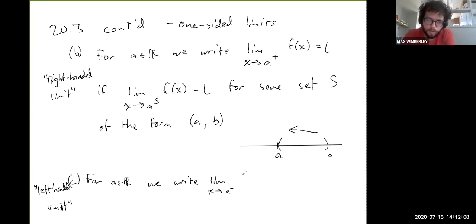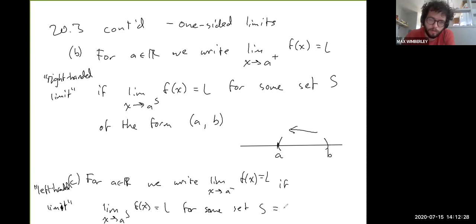So this is, if the limit as x approaches a along S of f of x equals L for some set S of the form (b, a). Yeah, I guess they use the letter c. It doesn't really matter. So basically an open interval touching a, but to the left of a on the number line, okay?